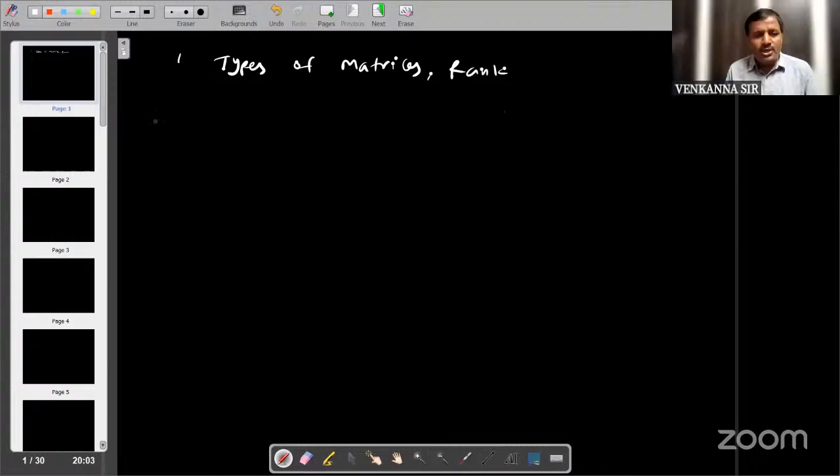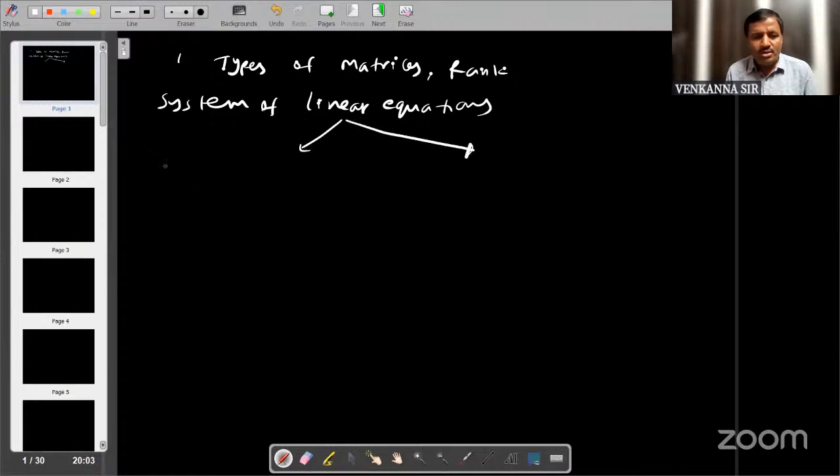Now, what is today's topic? It is the system of linear equations. So, what are the two types of linear equations we are having?